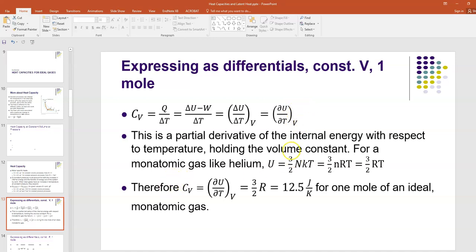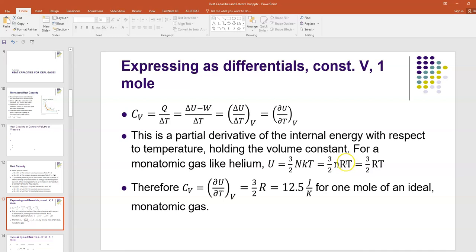Now let's talk about a monatomic gas like helium. In a previous lecture on equipartition of energy, we derived the expression for the internal energy of an ideal gas. And that is U equals 3/2 NkT, where N is the number of molecules, k is Boltzmann's constant, and T is the temperature. But I could also write that as 3/2 nRT, where n is the number of moles, R is my gas constant, and T is the temperature.